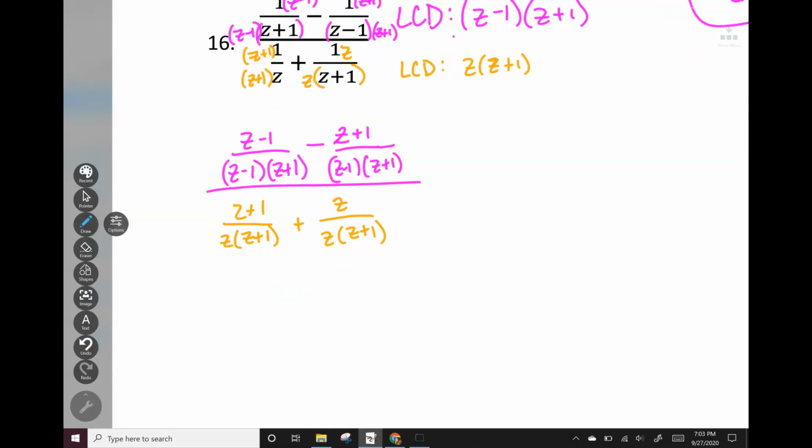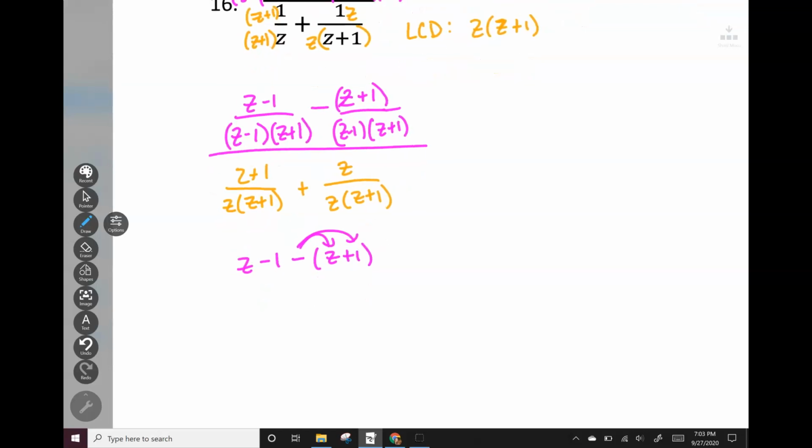In the numerator, see how you've got this minus here? That needs to go with the whole z plus 1. So make sure that you've got z minus 1 minus z plus 1. Basically just reminding you, you need to distribute that minus.